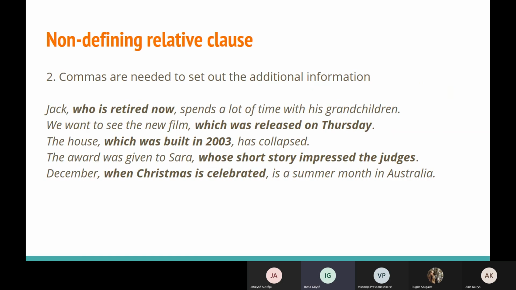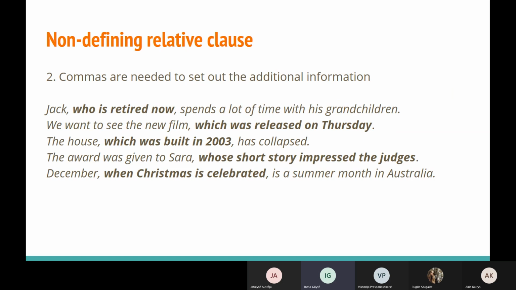Now, if we move on, commas are needed to set out the additional extra information. So it means that at all times, when you want to emphasize something additional, you need to set out that information. So from both sides, commas are going to be needed.